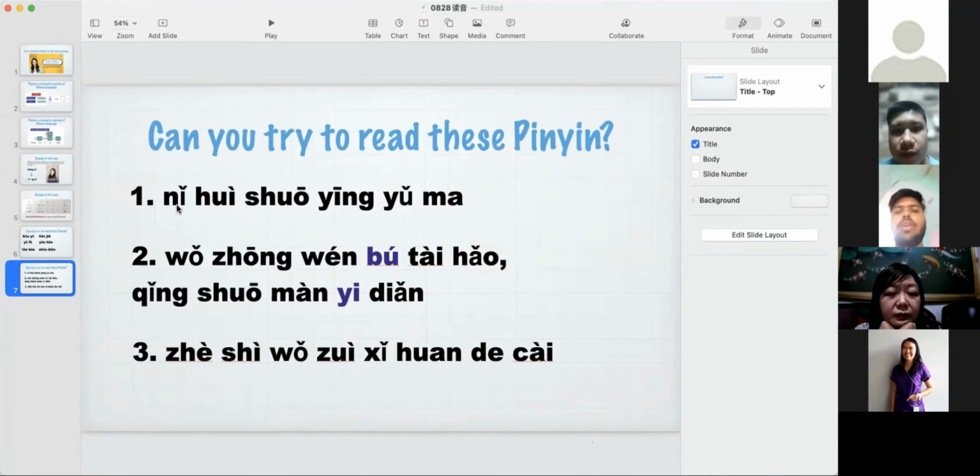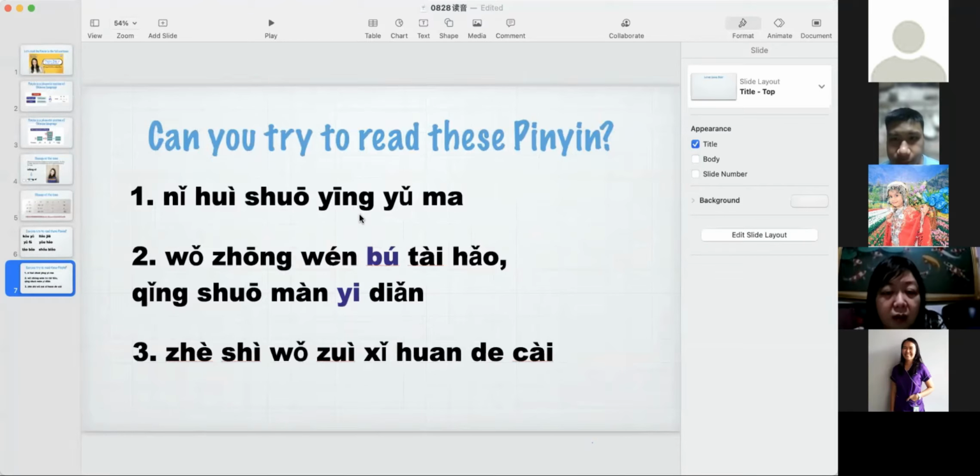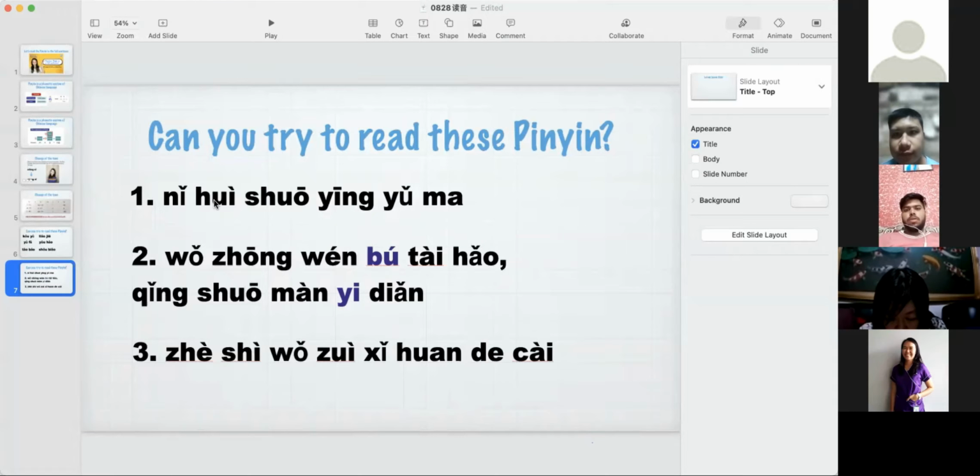你, third tone. 你会说英语吗？Yes. So when you can't really differentiate the tones, just simply move your head with the tone. 你会说英语吗？Try it.